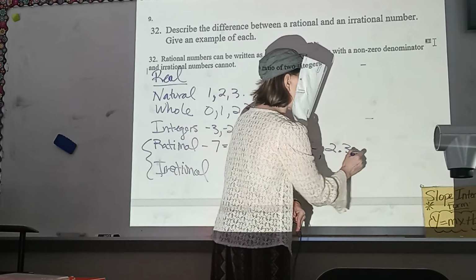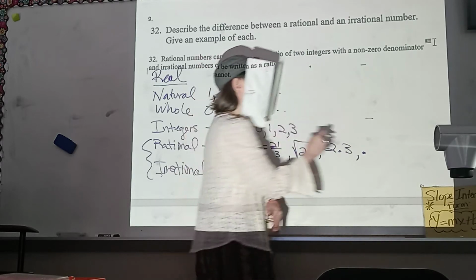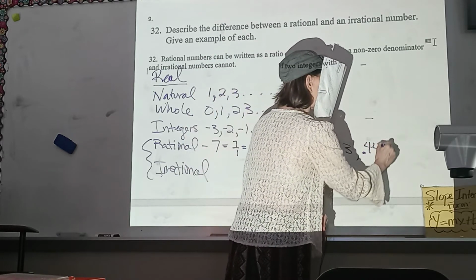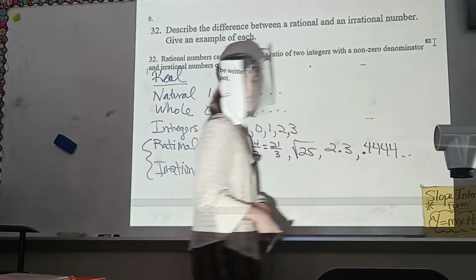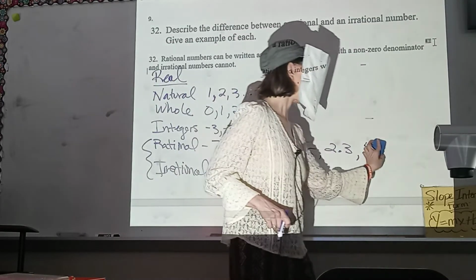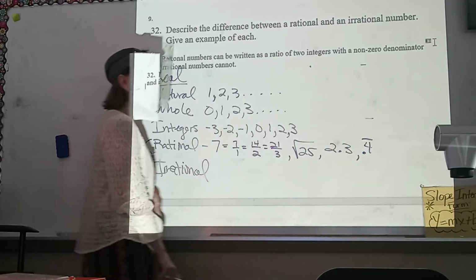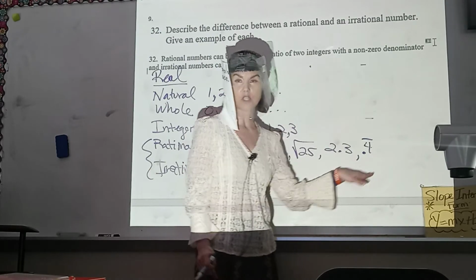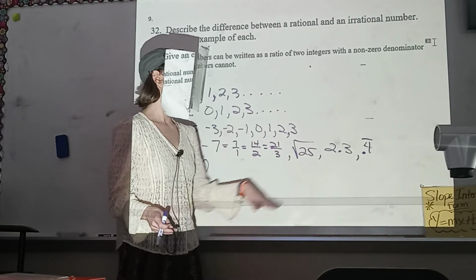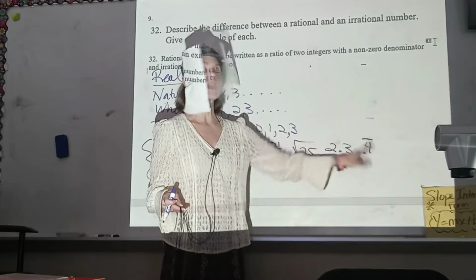And then we also have, if you used your calculator and did the division and you got 0.444, and it kept going and going and going, okay, we call that a repeating decimal, right, where you put the bar above it. That would also be considered rational, okay? So we have a decimal that terminates and then a repeating decimal.